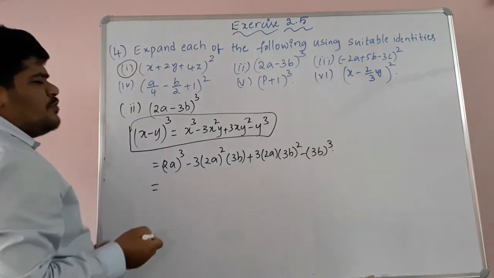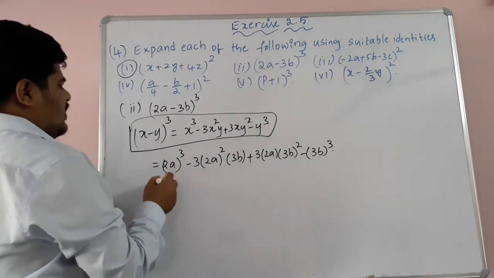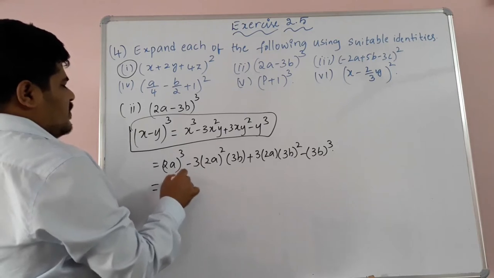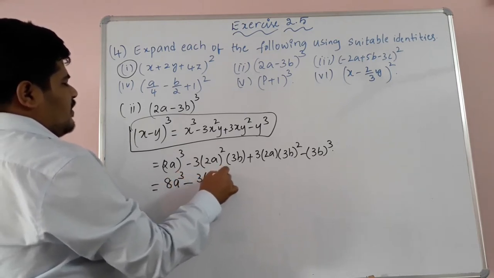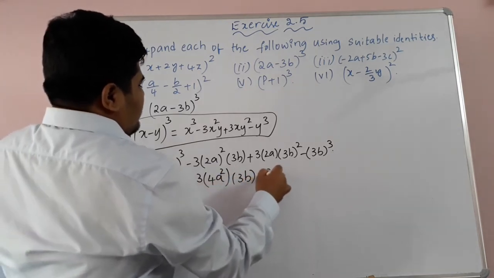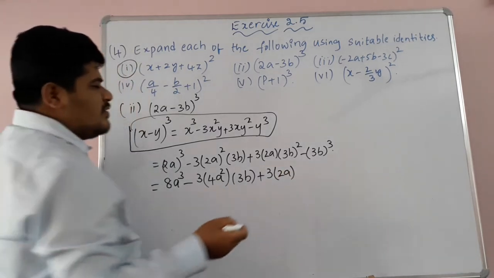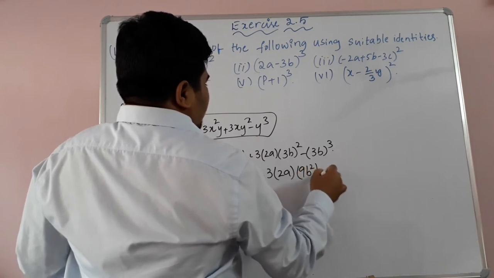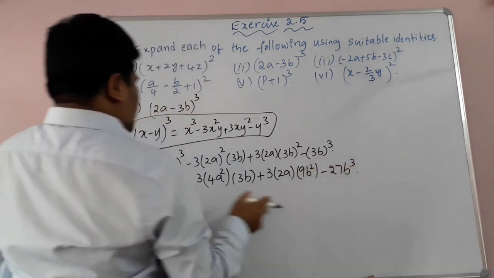Now 2a whole cube, children, 2 cube is 8 and a cube is a cube only. So 2 cube into a cube, that is 8a cube, minus 3 into 2a square. 2 2s are 4 into a square, 4a square into 3b, plus 3 into 2a. 3b square is there, children. 3b whole square is there, that is 3 square into b square, 9b square. Minus 3 cube is 27 and b cube, minus 27b cube, children.